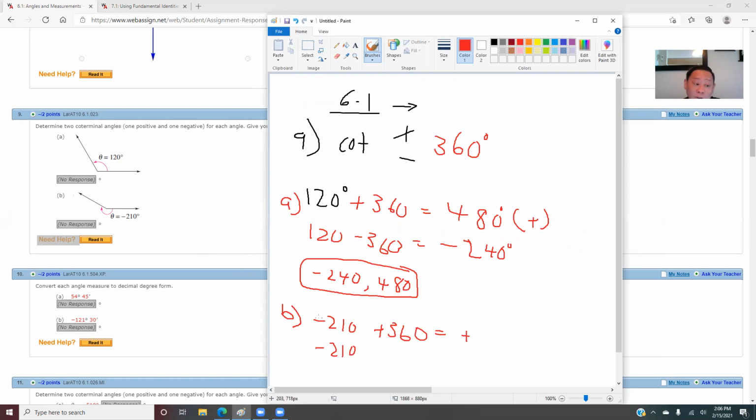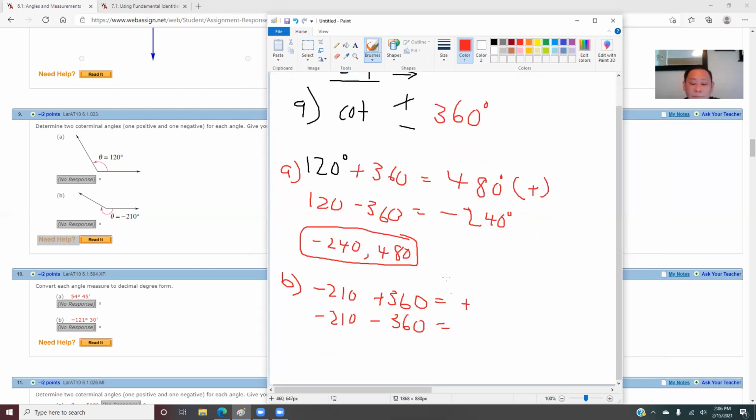And for the negative one, you take negative 210 and take away 360. Take out your calculator, you can use a calculator. The first one plus 360 is 150. And the other one is negative 570. So your answer in this case will be negative 570 and 150.